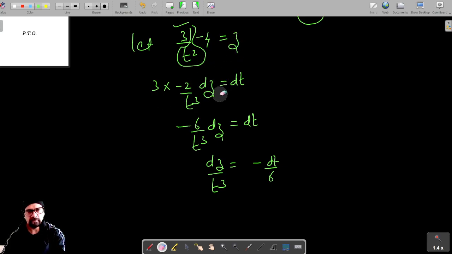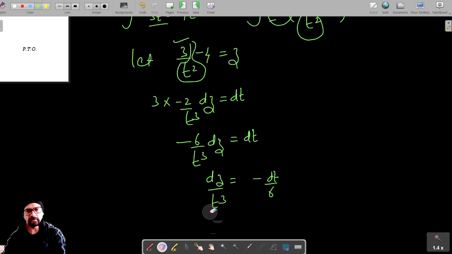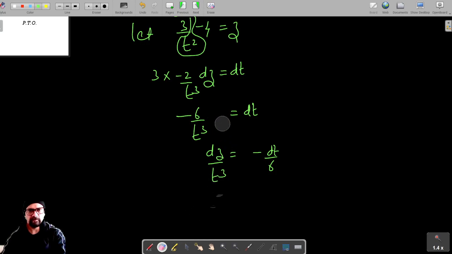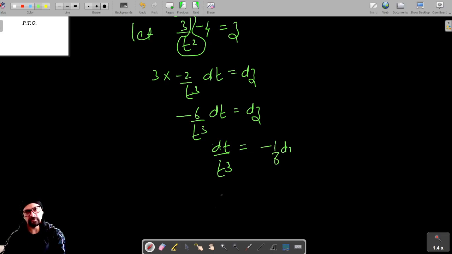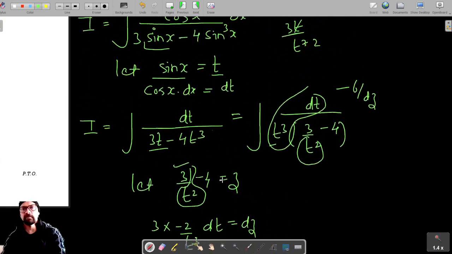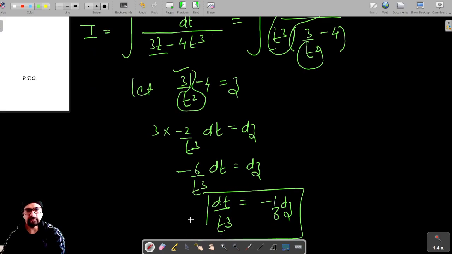So this is dz by dt, and dt upon t cube is equal to minus dz by 6. So dt upon t cube is minus 1 by 6 dz.